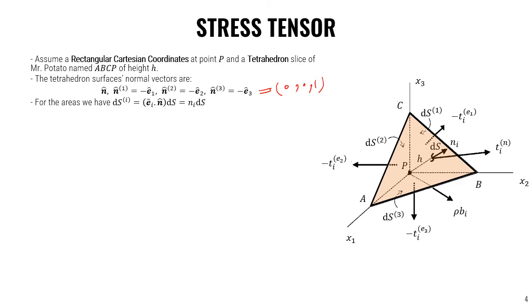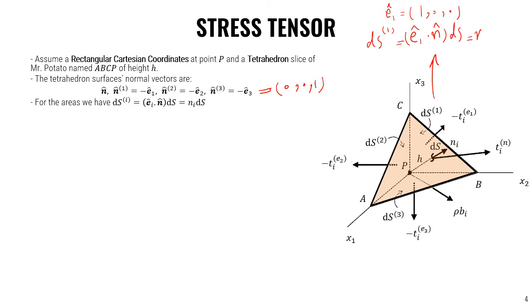For example, for ds1, the normal is minus E1, which is 1, 0, 0. So basically the area of that surface ds1 is equal to inner product of E1 with the normal vector of the base surface, multiplied by ds.